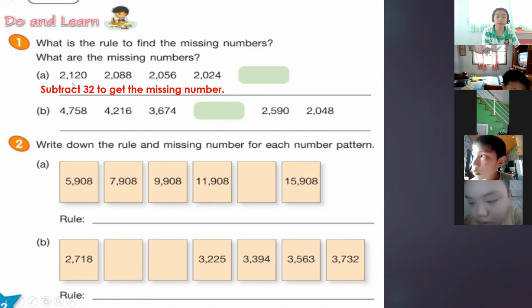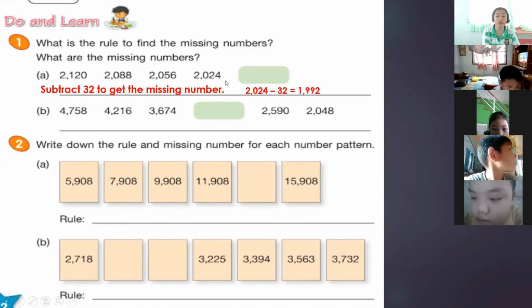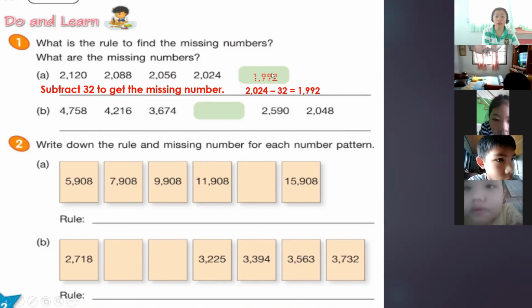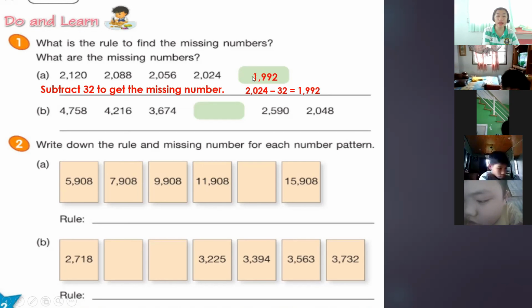So the pattern is to subtract 32. So let's subtract 32 from 2,024. 2,024 minus 32 is equal to 1,992. So the answer here, or the missing number, is 1,992.